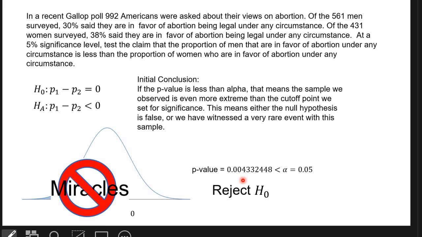So we know if something only has a 4 in every 1,000 chance of happening, that's extremely unlikely, or a miracle. So we're going to reject that distribution. That null distribution is probably false, which means the null hypothesis is probably false. So I reject the null hypothesis.